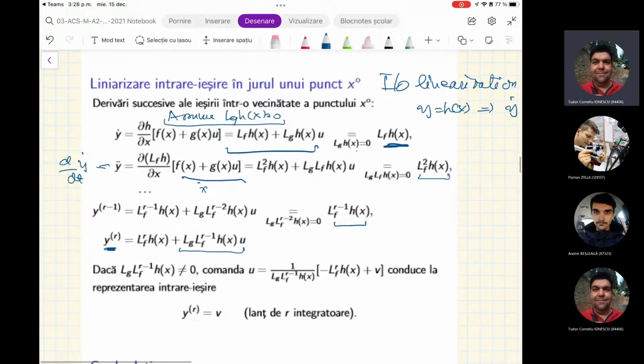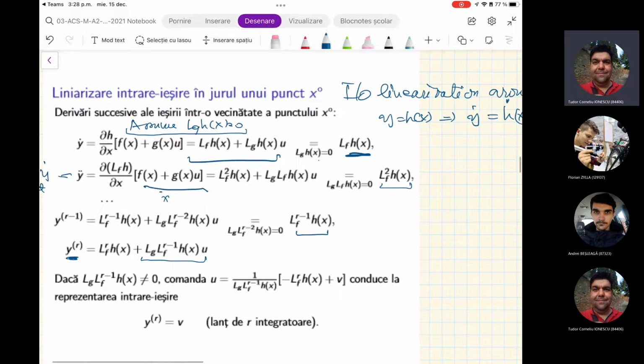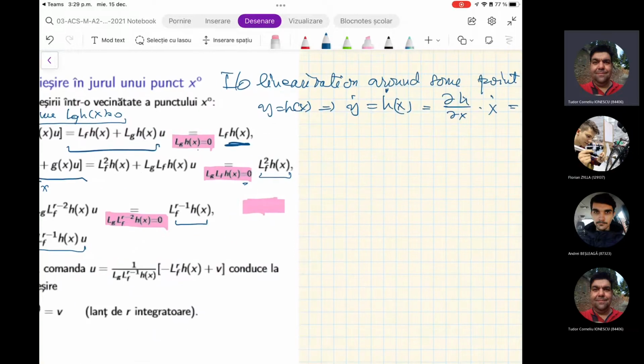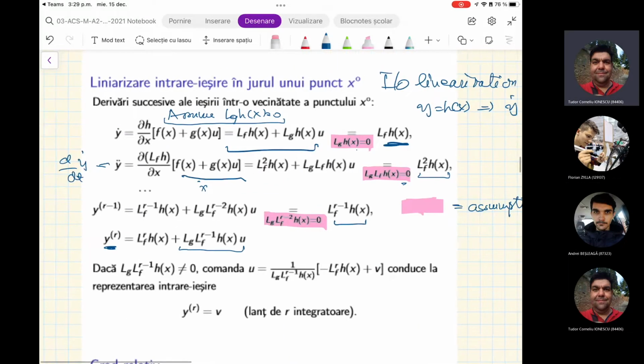So essentially, these are all assumptions. I'm just writing here that these are all assumed to be 0.